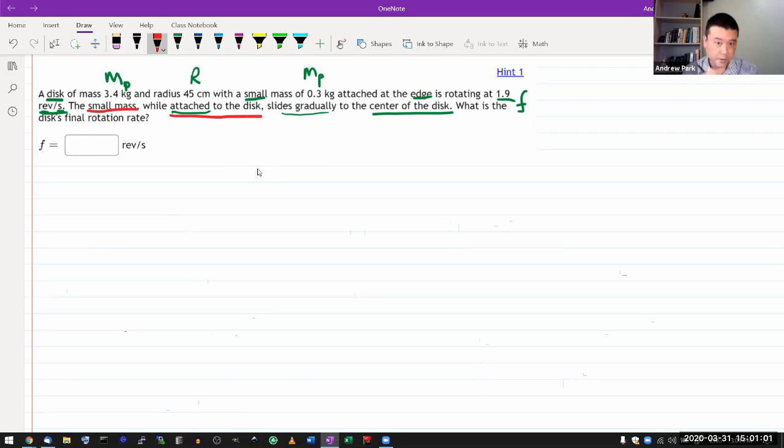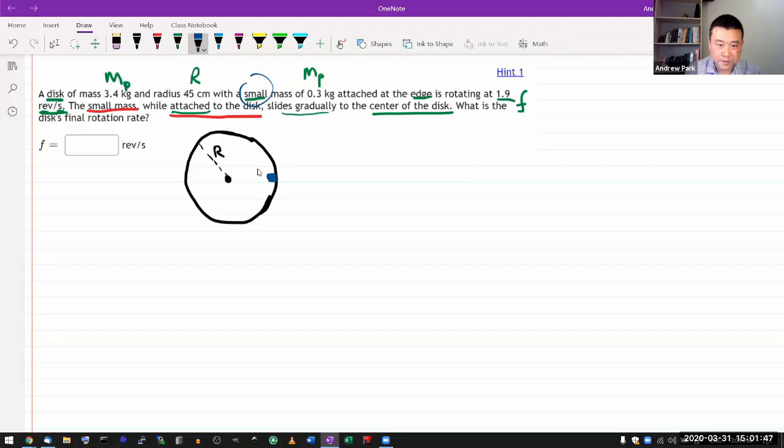So let me give a more detailed picture of this so that I can give a fuller description of this physical setup. Here's the disk of radius r, and there's a small mass attached to it. Let me draw the small mass here. I said the small part was going to be important.